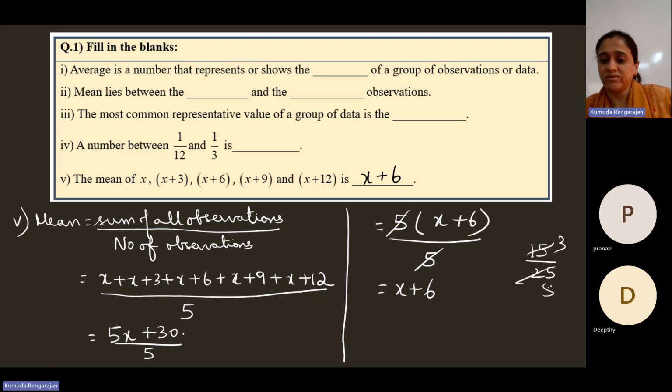This is like simplifying 15 by 25. 5 threes are 15, 5 fives are 25. See, that's what we've done here also. 5 ones are 5, 5 ones are 5. So when it's an expression, this is how we simplify. We take out the common factor.